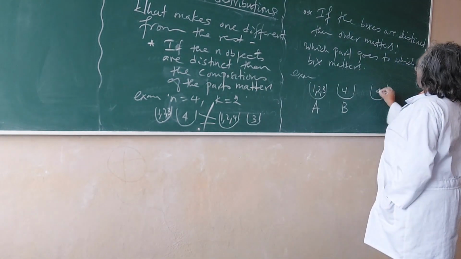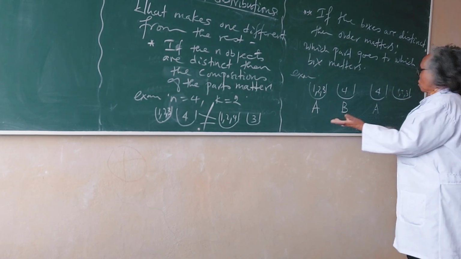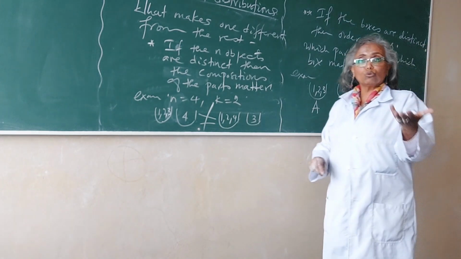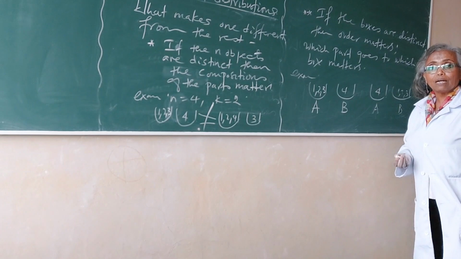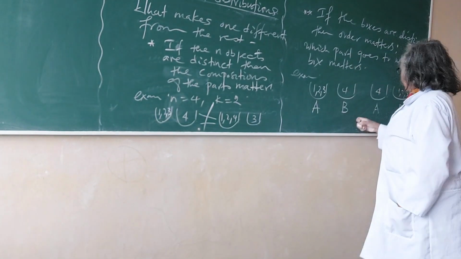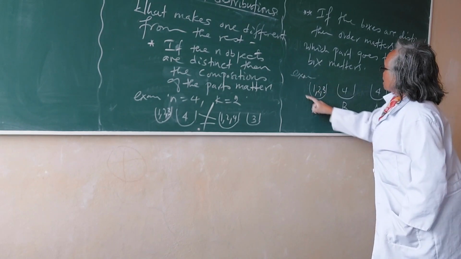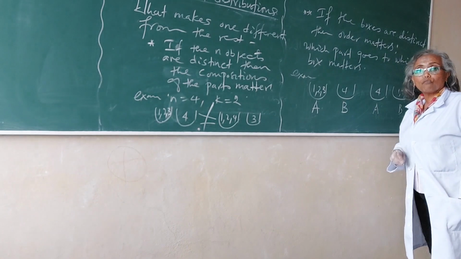And when we put 4 there, and 1, 2, 3 here, of course, the compositions are the same. 1, 2, and 3 are together, 4 is alone. But since the boxes are distinct, A contains 1, 2, 3 here, but here it has 4.